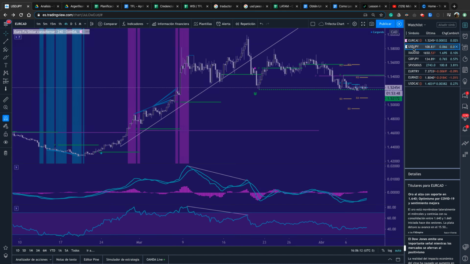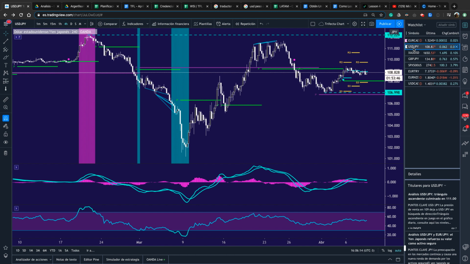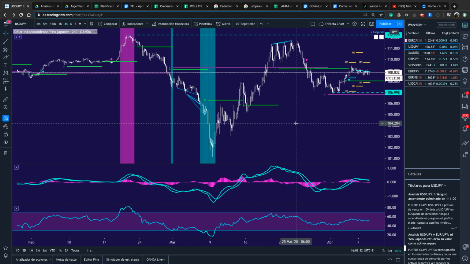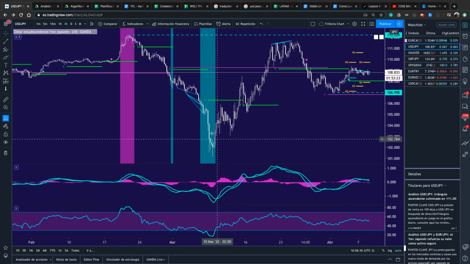Okay, so next we have the USD against the Japanese yen, and right now the US dollar and the Japanese yen both are on a huge level of demand in the world, right? So we have this huge down movement, and after that we get a retracement with this V-shaped kind of pattern.